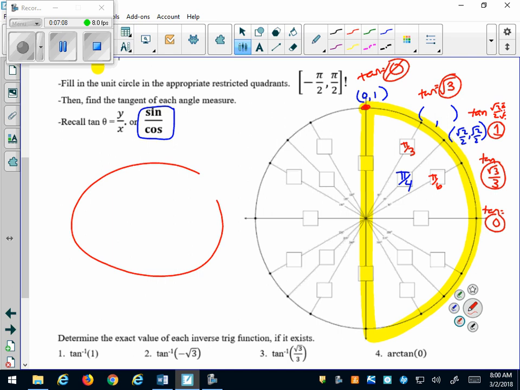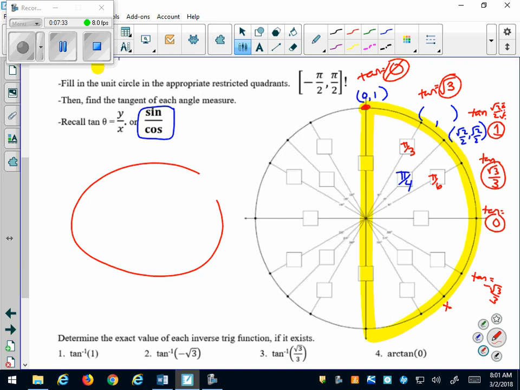And then when we're in quadrant 4, everything is pretty much the same reciprocals, the same fractions, but the x is positive and the y is negative, so everything here is just going to turn negative of its reflection from quadrant 1. So tangent is negative root 3 over 3.